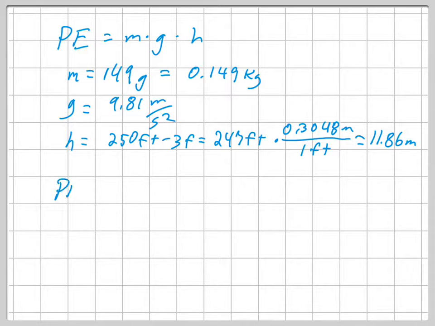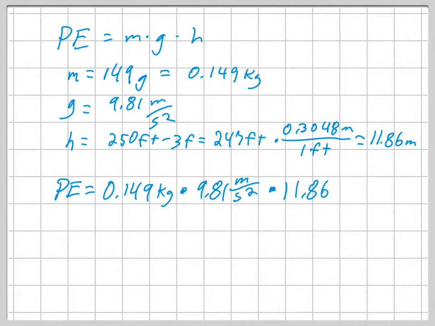So we'll work that out. Potential energy will be equal to the mass, which is 0.149 kilograms, times acceleration of gravity, which is 9.81 meters per second squared, times the actual height, which would be 11.86 meters. We'll wind up doing the math on that. We'll get 1.10 times 10 to the second power, and that's kilograms times meters squared over seconds squared.